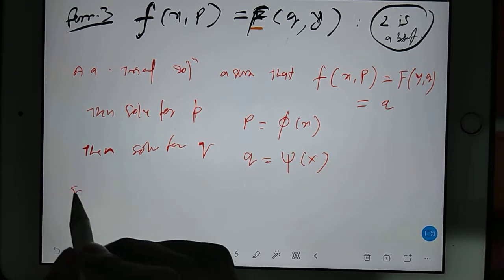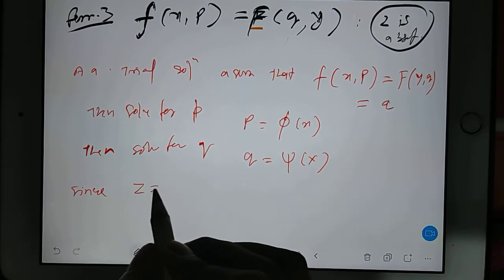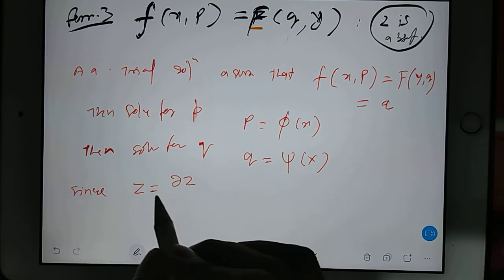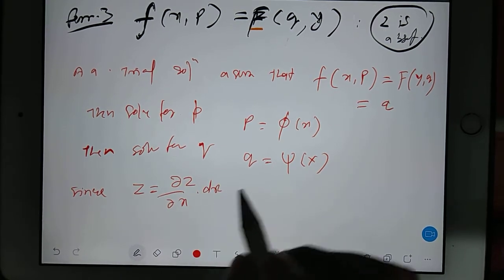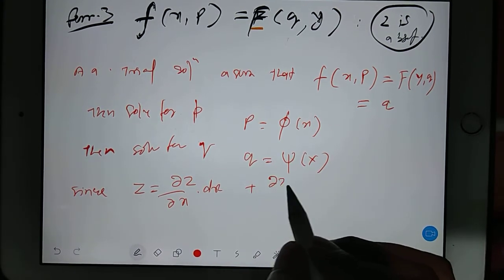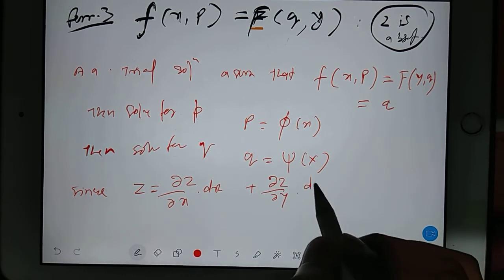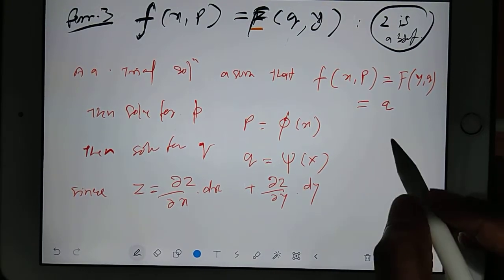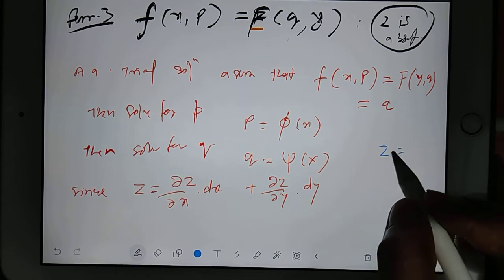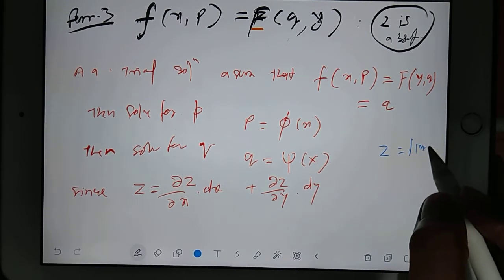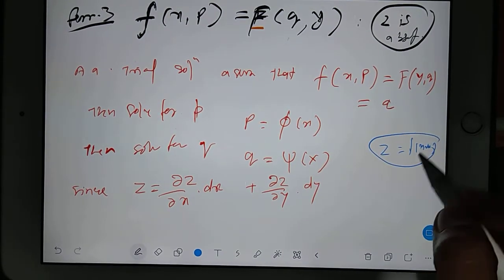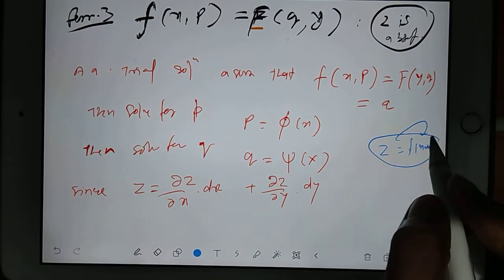Then, since dz is equal to dou z by dou x into dx plus dou z by dou y into dy, because in a partial differential equation your main function is a function of x and y, we can break this.